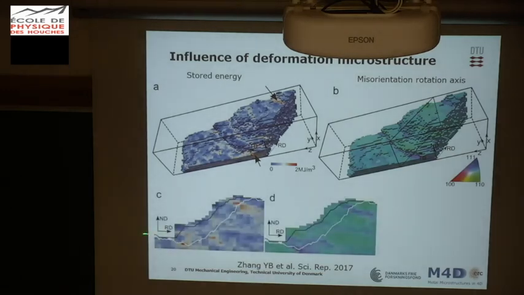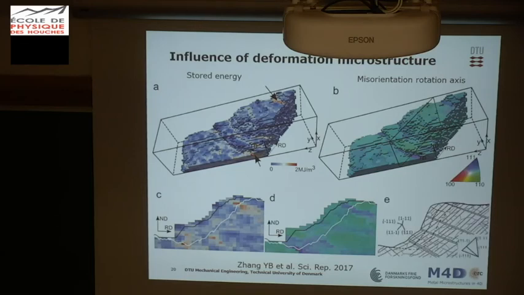But if we put the boundary traces on top of the deformation structures, we see that the boundaries move mainly along these directions. And in these directions, we also see some band structures. So if we draw a sketch to represent these deformation microstructures, we see that there are actually two sets of boundaries, and one has a higher misorientation angle.